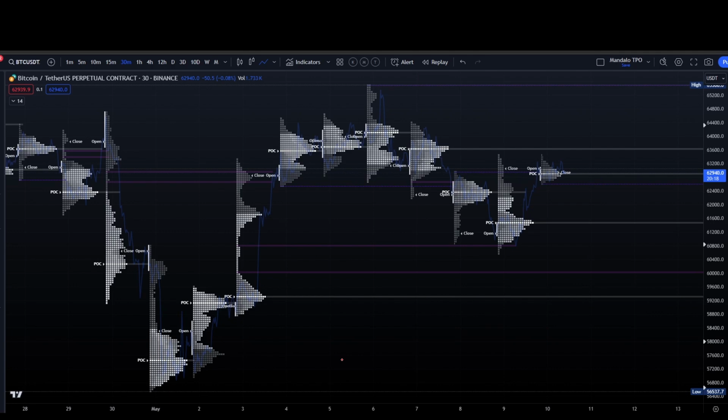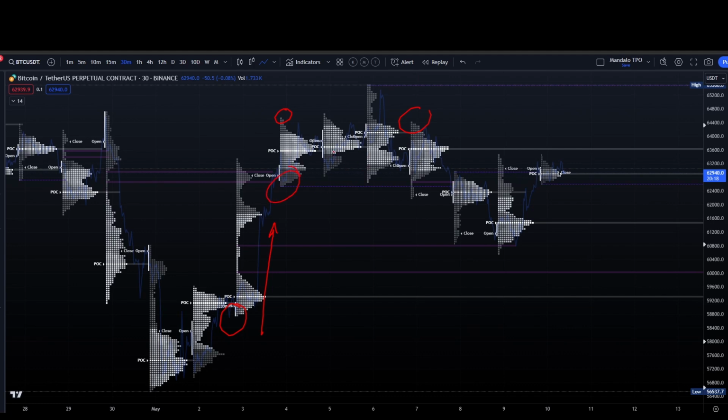Price might trade away from a poor high or low in the near term from exhaustion or absorption, especially if it's during trending moves or at the end of a trending move. But poor highs and poor lows have a high probability of being revisited to repair this unfinished auction.